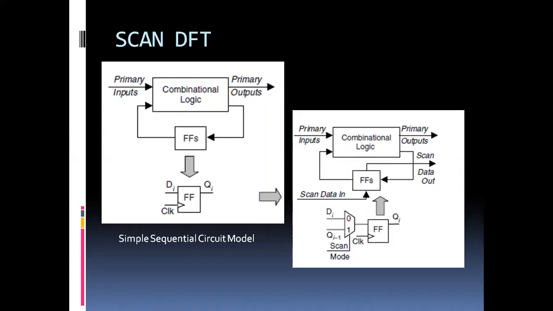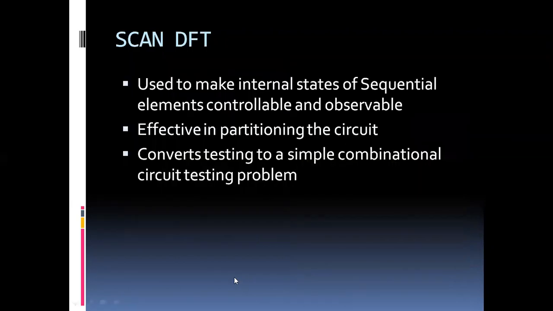The combinational logic will work in the normal mode with those known pseudo primary inputs and give me some desired or expected output, which I can then check to see whether it is correct or not. I can keep repeating this procedure. I hope it is clear. If it is not, when we apply it, we'll definitely understand. So this is how we are going to modify our circuit for scanning.